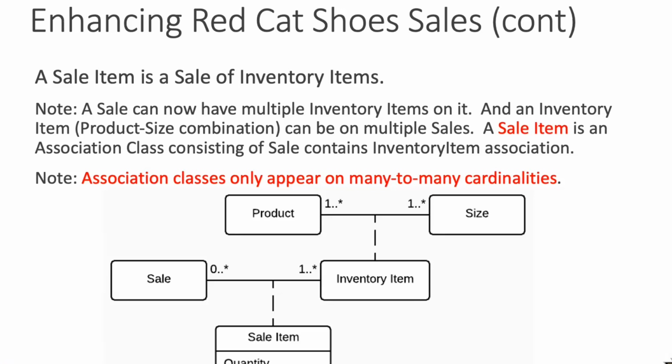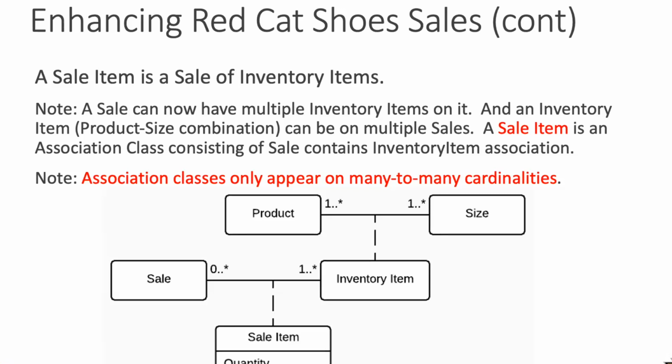So right now, we created one association class, and at this moment it has its own relationship as well. The inventory item can be in zero to many sales, and one sale can have at least one inventory item to many. Again, there is a many to many relationship. So again, we need another association class, which we call the sale item, and we just name it with the quantity.